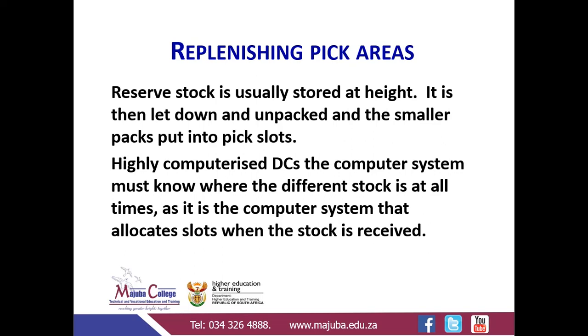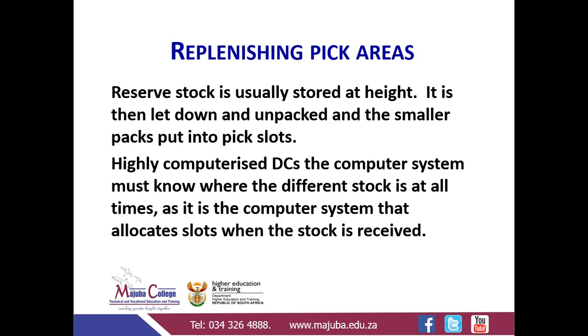For example, a product like 10 kg of sugar is stored in our reserve stock. If pickers do not have cranes and machinery, we have pick slots and reserve slots, so we take it from the reserve slot when we receive an order and put it into our pick slot.